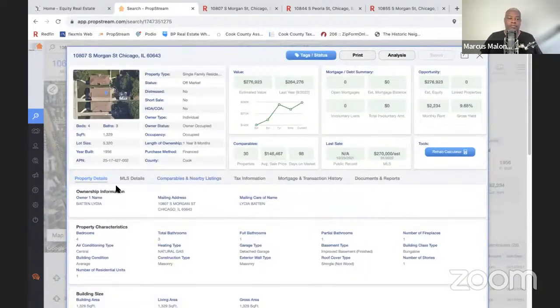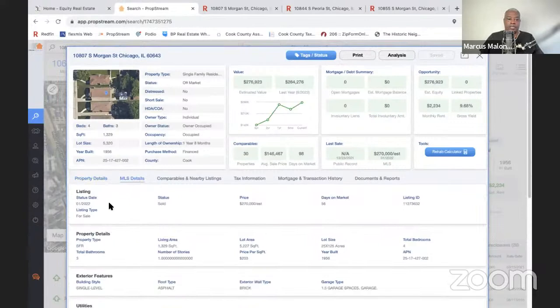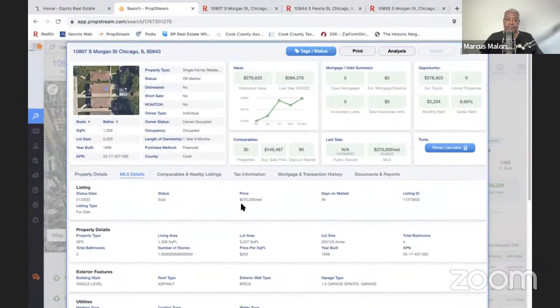Details, we can see exactly who owned the property, the mailing address. Normally, if this mailing address is different, then this would be considered a rental. So we can look at the MLS details again, when it was sold, how much it was sold for, how many days on market, everything like that.